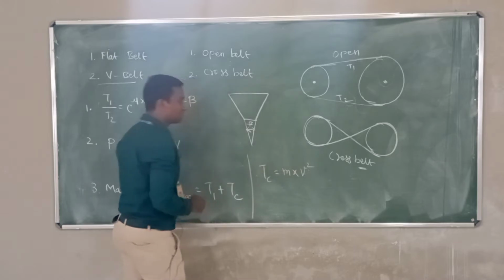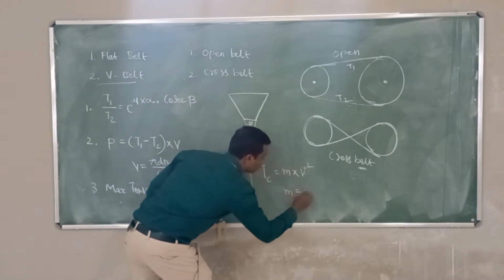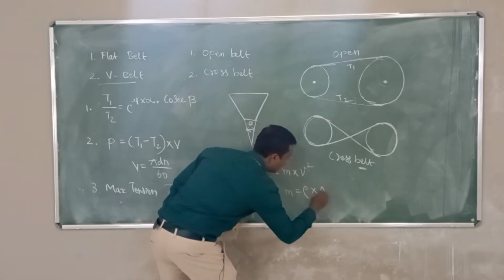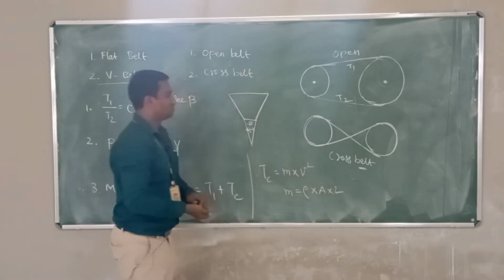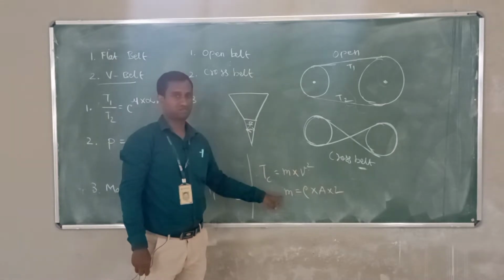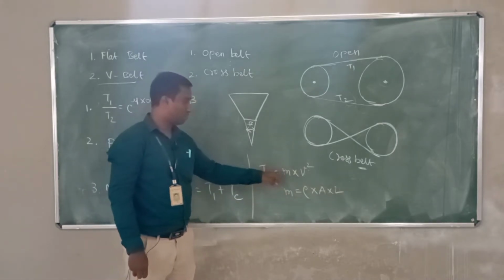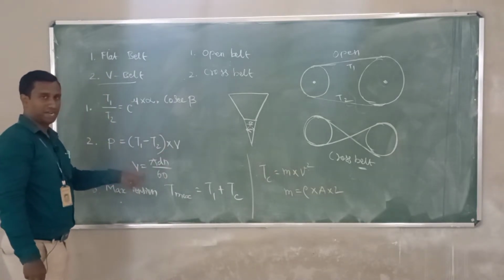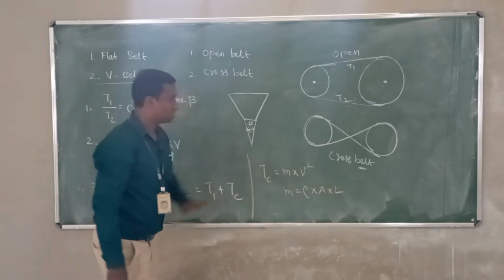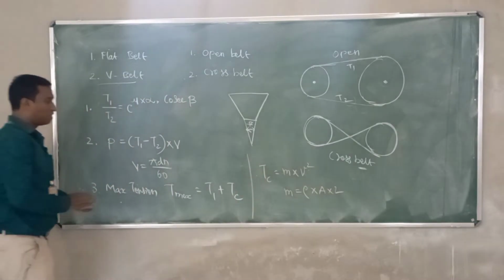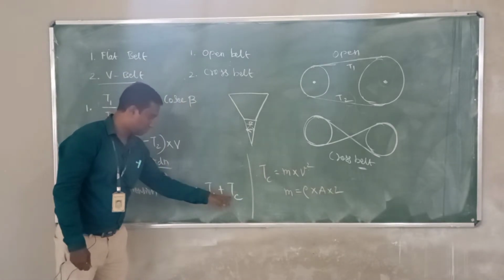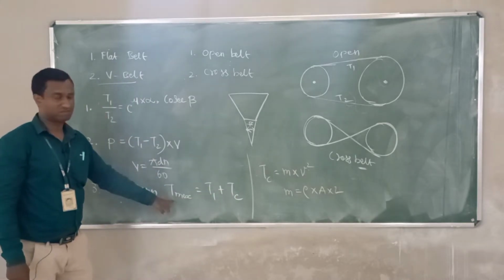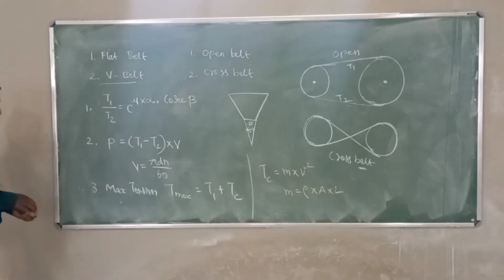Then how do we find the mass? Mass is equal to density multiplied by area and length. By using this, we can find the mass. Now we can substitute the mass, and we already know the velocity from the formula pi d n by 60, so we can find the centrifugal tension. When we add this centrifugal tension to the tight side tension, we can find the T max.